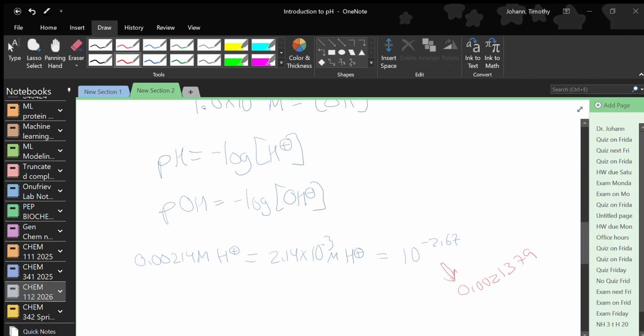Questions? So you see, if I was to take the pH of this, it's negative log, right? So the pH of this is, take the negative off, 2.67. Questions?